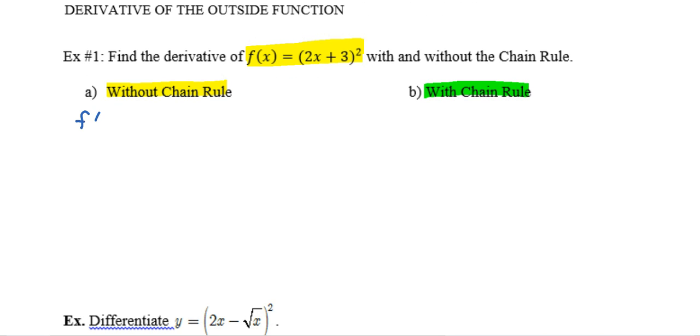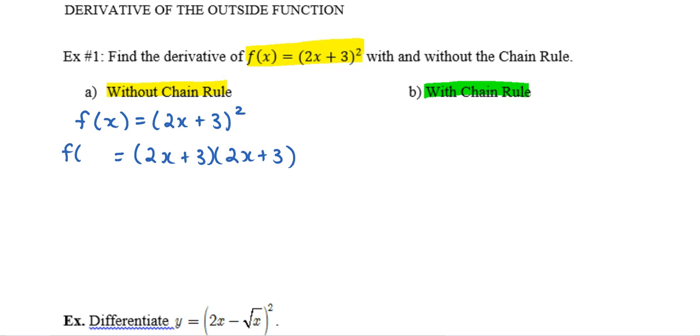So f of x equals (2x plus 3) all squared. If I want to find the derivative of f of x without using the chain rule and just using the knowledge that I have so far, some students may go ahead and just expand this. So this is (2x plus 3) times (2x plus 3), which is f of x here.